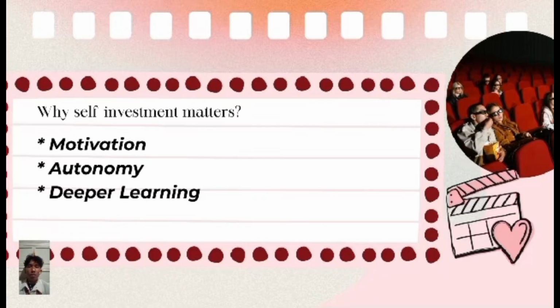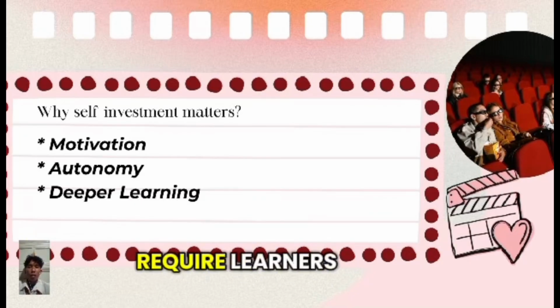Reflection prompts, production tasks, and spaced retrieval encourage meaningful processing and long-term retention. So, to wrap things up, materials should not only present input, they must require learners to invest time, choice, and reflection to convert input into internalized competence.